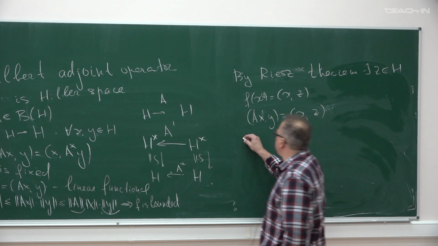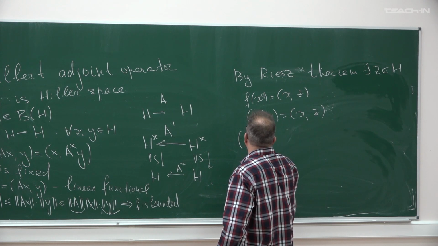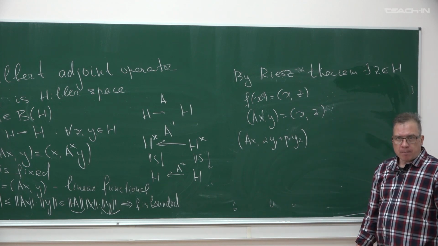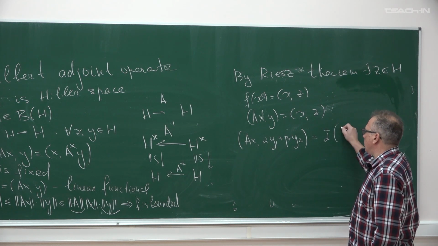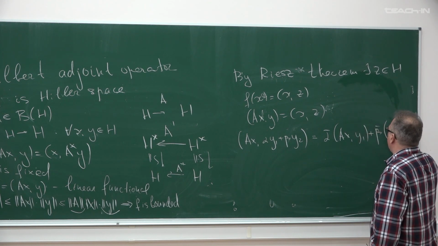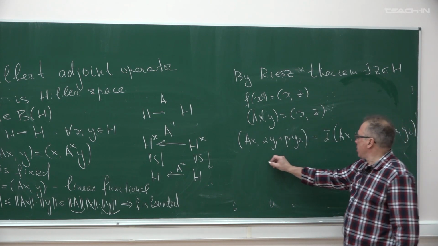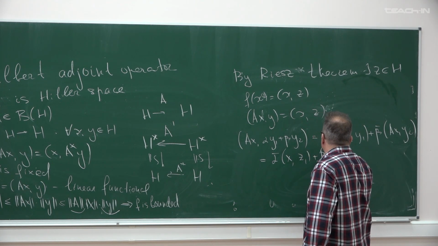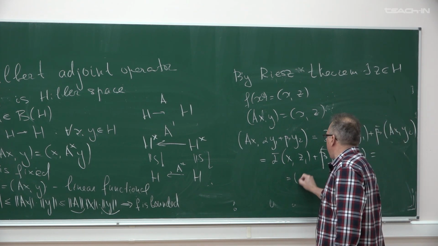Now, we take only one fixed element, but imagine that you write (Ax, alpha y1 plus beta y2). By linearity, you can rewrite it as alpha conjugate (Ax, y1) plus beta conjugate (Ax, y2). By the fixed elements, you can write it as alpha conjugate (x, z1) plus beta conjugate (x, z2), and then you can write it as (x, alpha z1 plus beta z2).